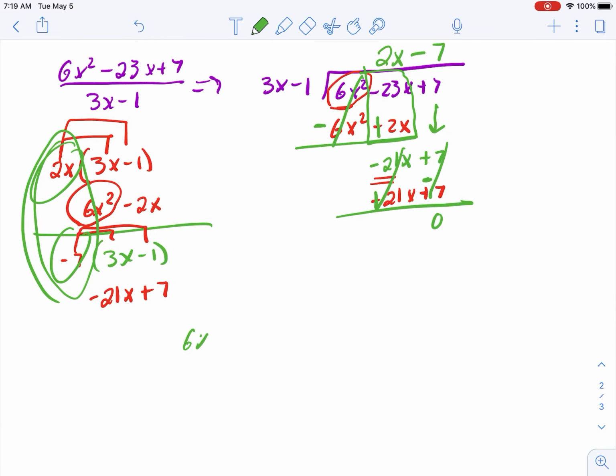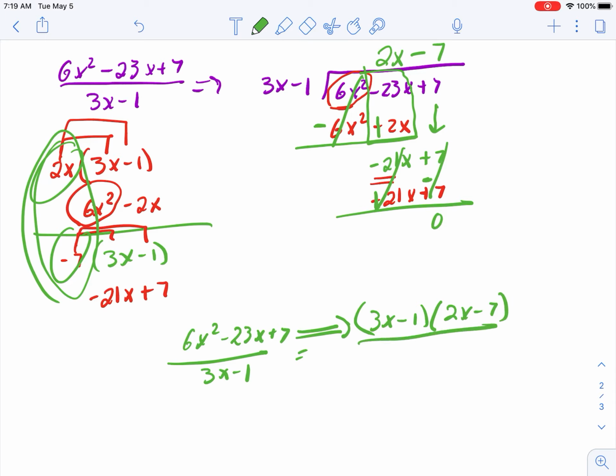So if we look at 6x squared minus 23x plus 7, and I divide it by 3x minus 1, that would mean that this piece here are factors of 3x minus 1 and 2x minus 7. So when I divide it out by 3x minus 1, it canceled, and I got 2x minus 7. So there's no remainder.